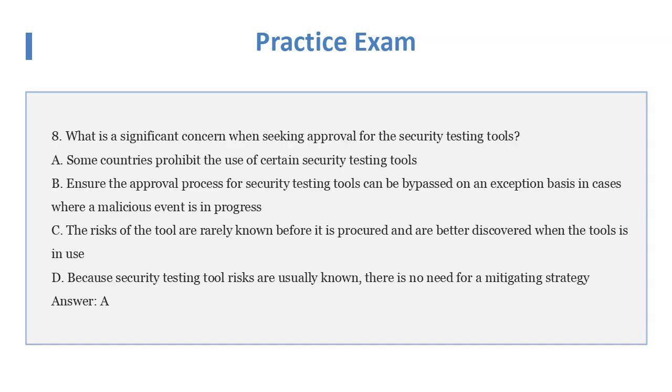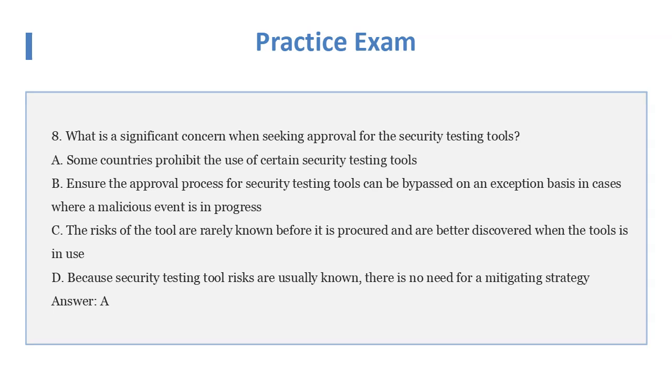8. What is a significant concern when seeking approval for the security testing tools? A. Some countries prohibit the use of certain security testing tools. B. Ensure the approval process for security testing tools can be bypassed on an exception basis in cases where a malicious event is in progress.